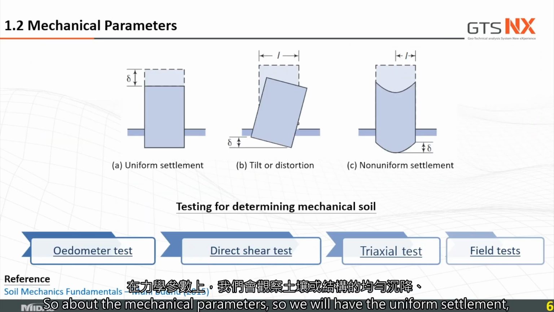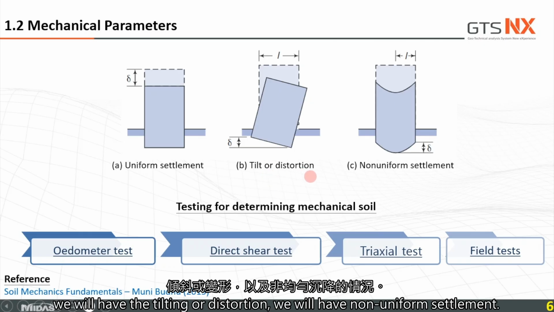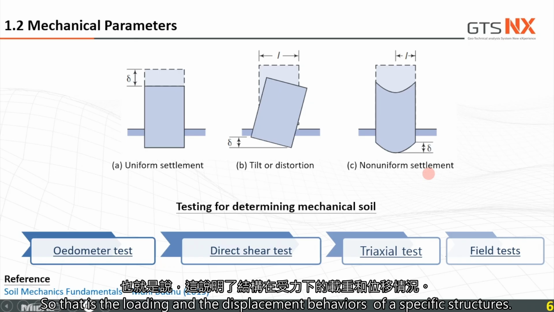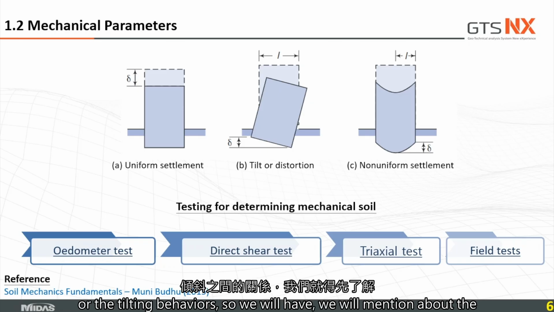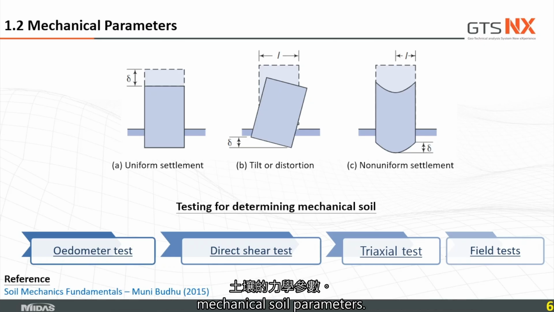About the mechanical parameters, we have the uniform settlement, the tilting or distortion, and the non-uniform settlement. That is the loading and displacement behavior of specific structures. To find out the relationship between the loading and the settlement or tilting behaviors, we refer to the mechanical soil parameters.